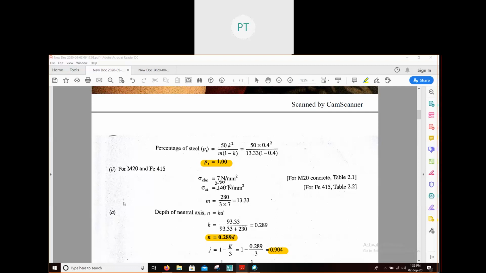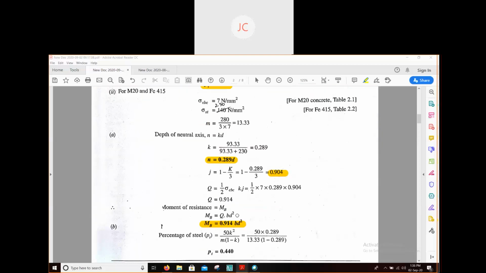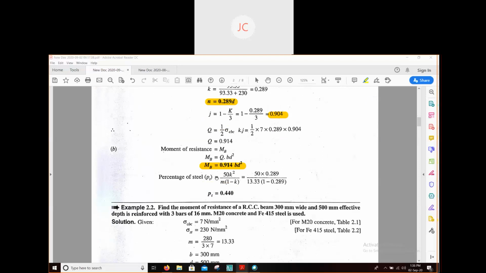No, it is not correct. 0.44, yes, good. 0.44 will be the correct answer. See, 50 k square, k value is 0.289, m value was 13.33. If you solve this one, you will get 0.44.